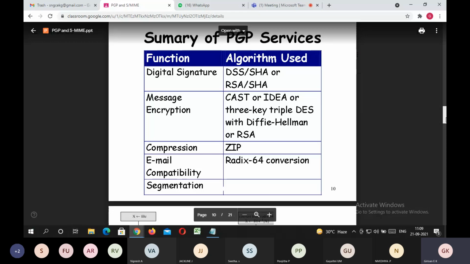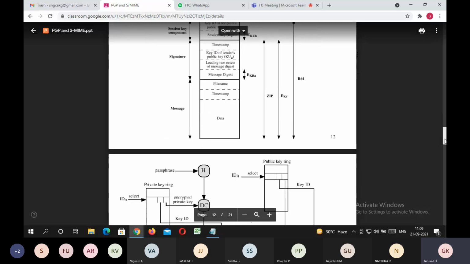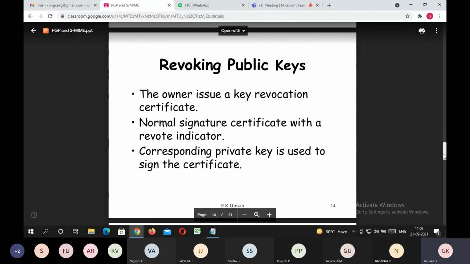And segmentation: if the message is very large, then it is divided into segments of a particular size, and the message will go in segments only from the source to the destination. So this is how PGP messages are sent across the internet to make email messages more secure.